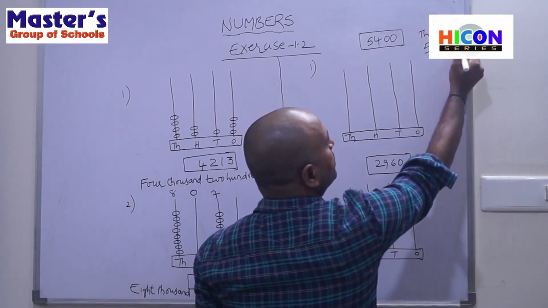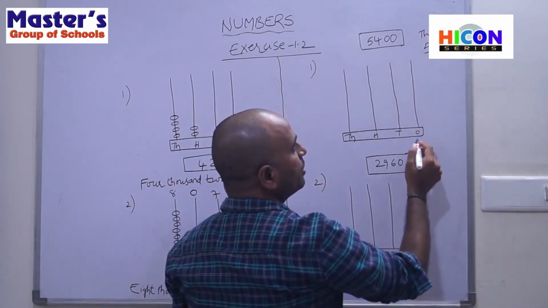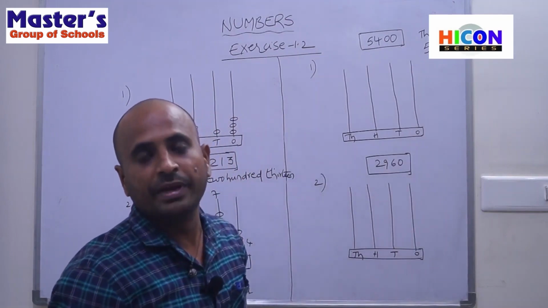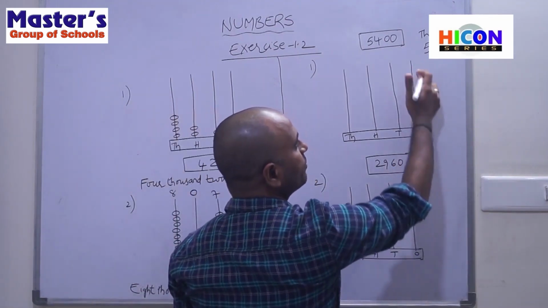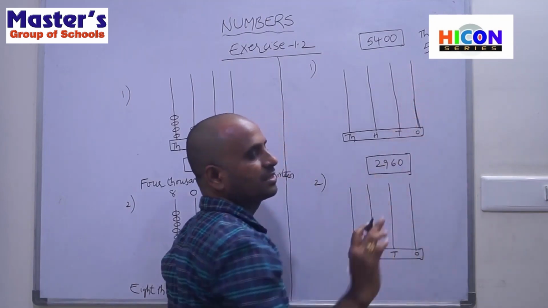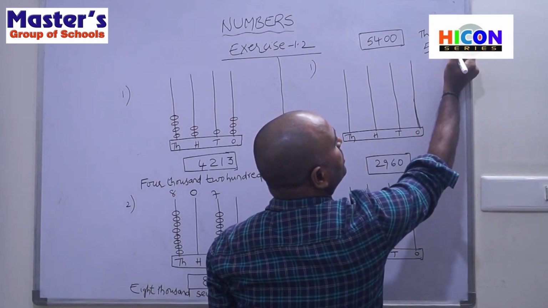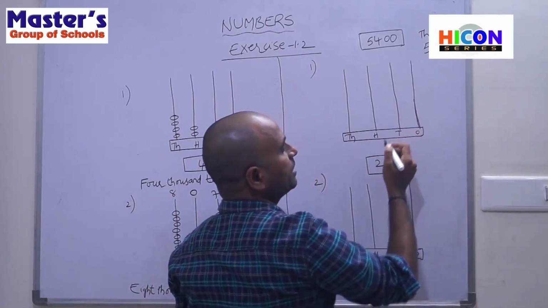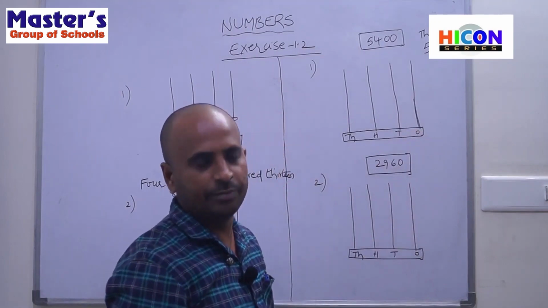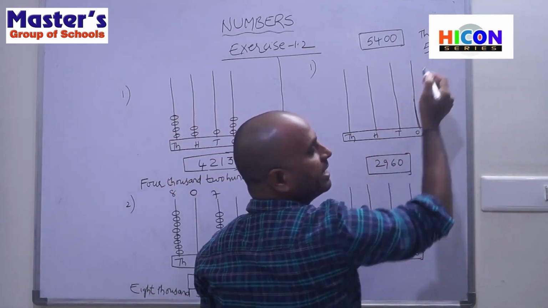So here 0 is present in ones place. That means no beads should be drawn on the ones place stick. That means the ones place stick does not contain any beads. And also 0 is present in tens place. That means the tens place stick also does not contain any beads. And 4 is present in hundreds place.